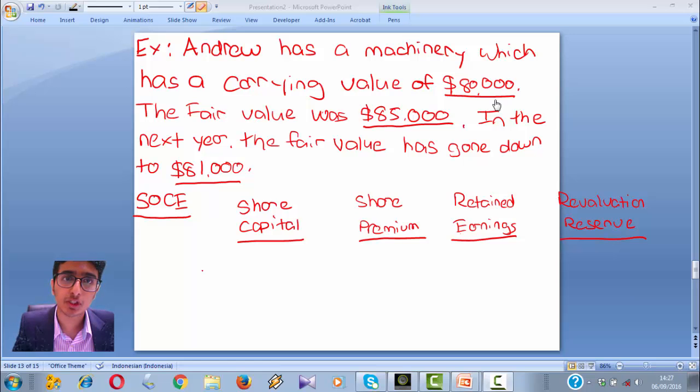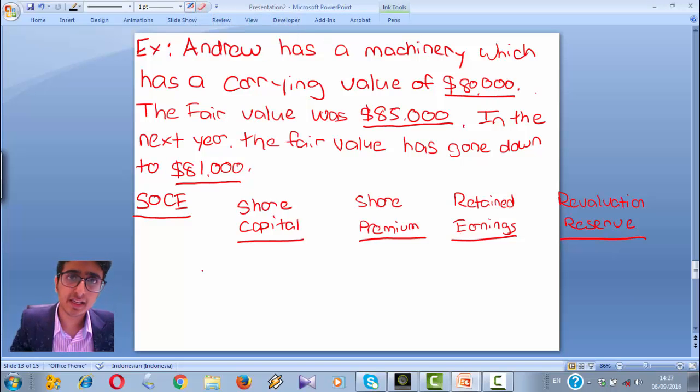Andrew has a machinery which has a carrying value of $80,000. The fair value was $85,000. Now, this part is the same as our previous example. Now, it says in the next year, the fair value has gone down to $81,000.